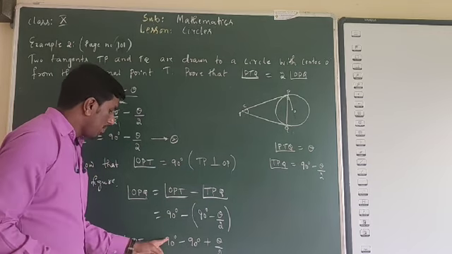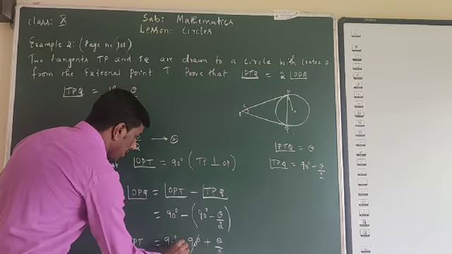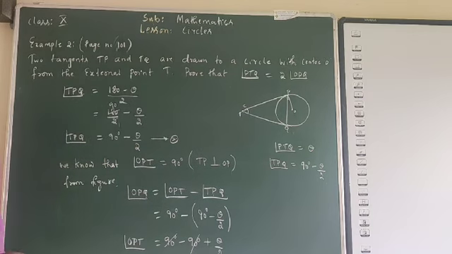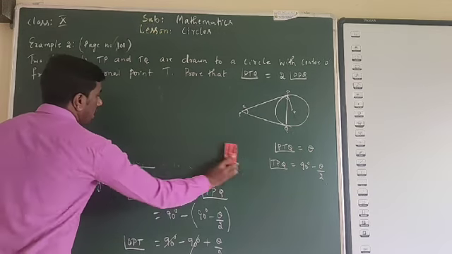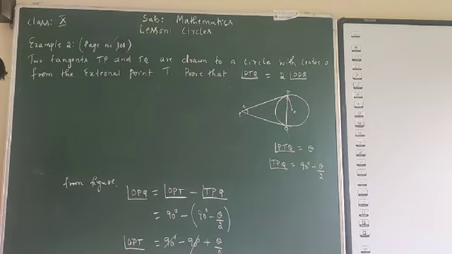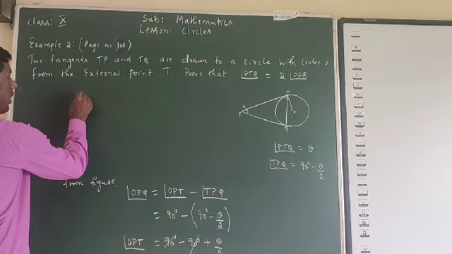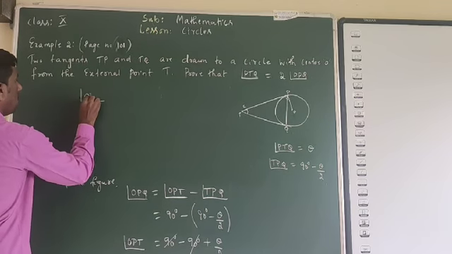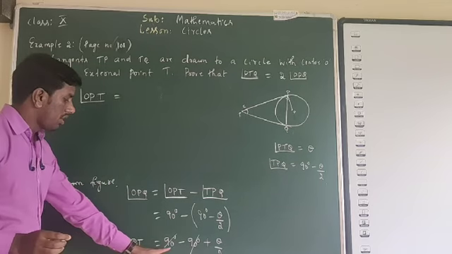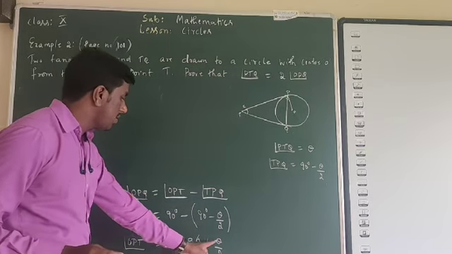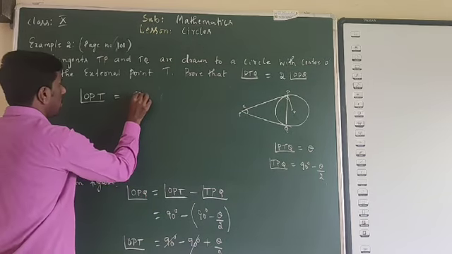In the RHS, plus 90 degrees minus 90 degrees will get cancelled. So what is remaining now? In the LHS angle OPT equals the RHS, 90 degrees minus 90 degrees gets cancelled. What is remaining? Theta by 2.